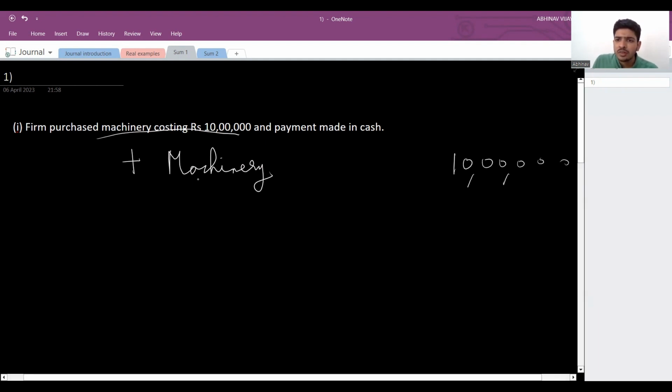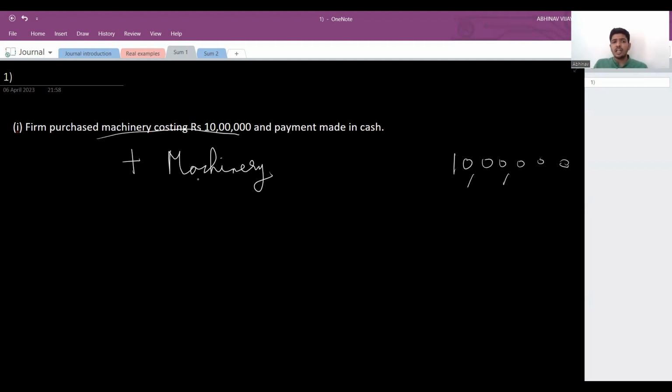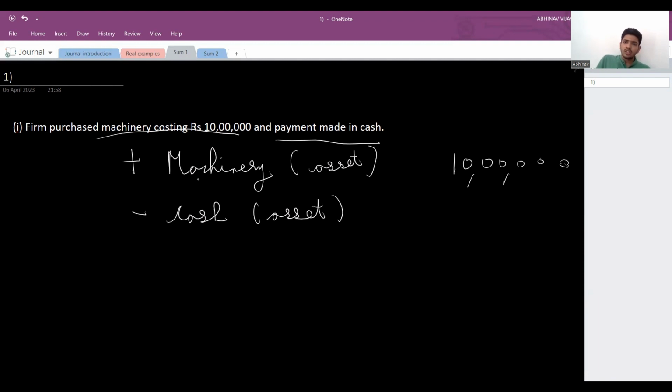What is machinery? Machinery is an asset because the benefit of the machinery can always be taken in the future. So it is an asset. And payment is made in cash, which is also an asset, and it gets reduced by 10 lakhs.